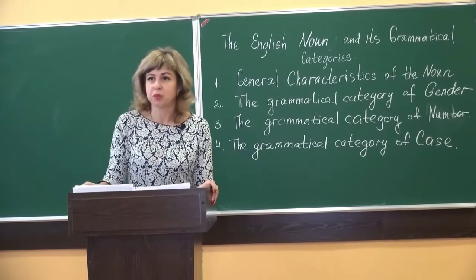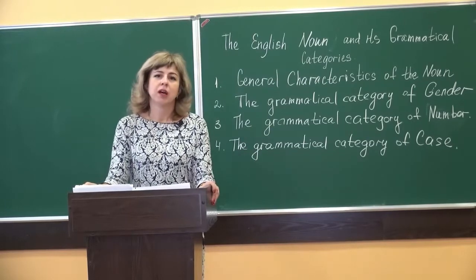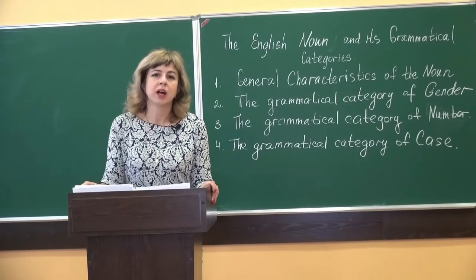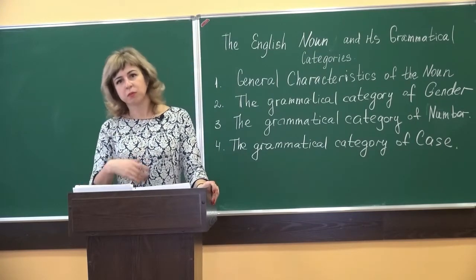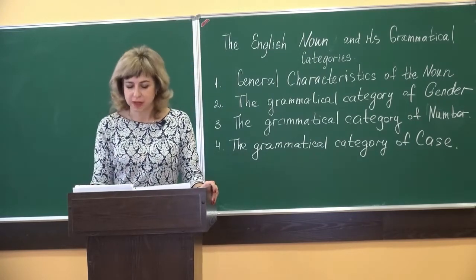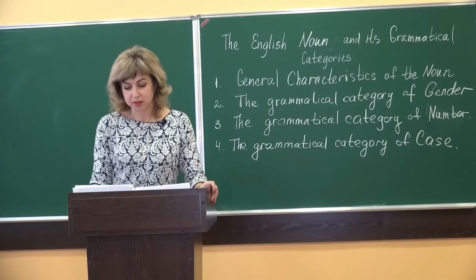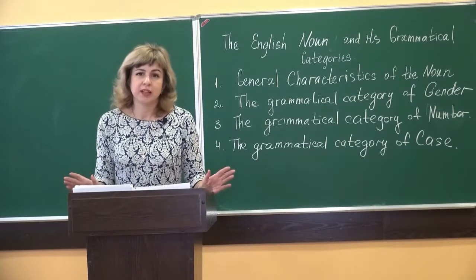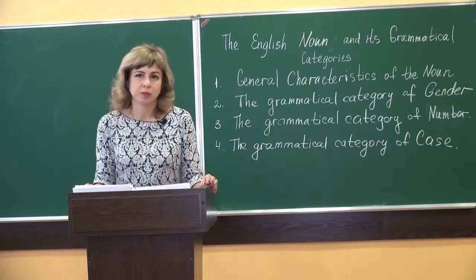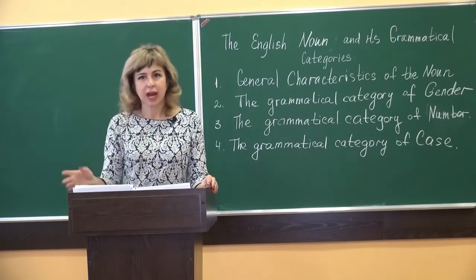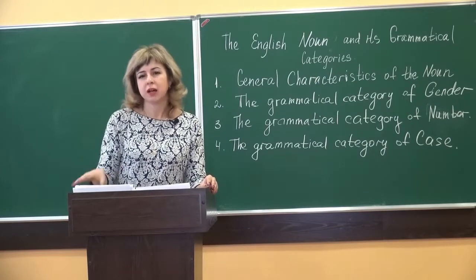Variety plurality, which we meet even within uncountable nouns, like wines, cheeses, teas, meaning different kinds of one and the same substance. Space plurality, which may be called a poetic variant of plurality within uncountable nouns, like snows meaning снега, waters meaning воды, and the like.